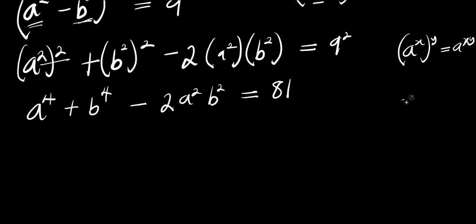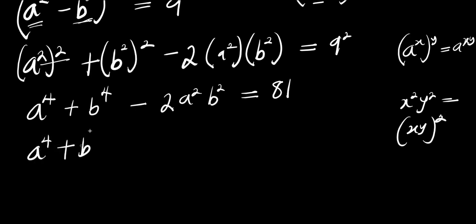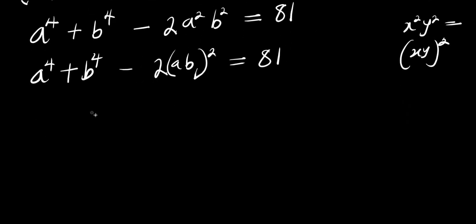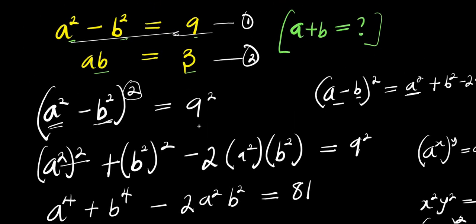Now, if you have x squared times y squared, this is x times y power 2. So you have a power 4 plus b power 4 minus 2 times ab, and this ab is raised to the power of 2, equals 81. So from here, what I'm going to do is to record that ab, or a times b, equals 3. Don't forget that a times b equals 3.